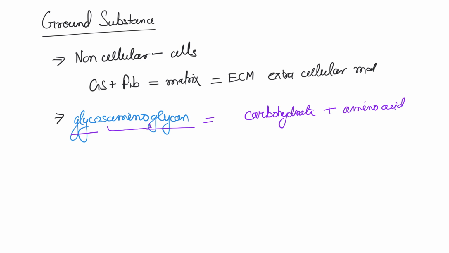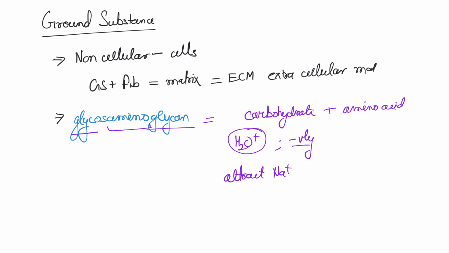So glycosaminoglycans, they are hydrophilic. So this means they are charged, and to some extent they are negatively charged, and because they are negatively charged, they attract positively charged ions, very specifically or mostly Na+.